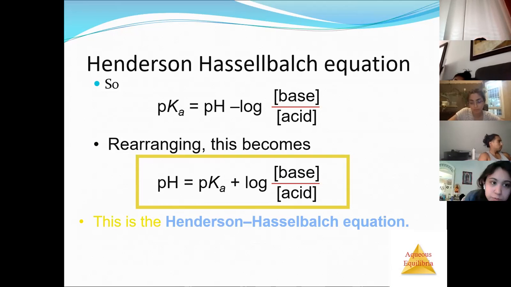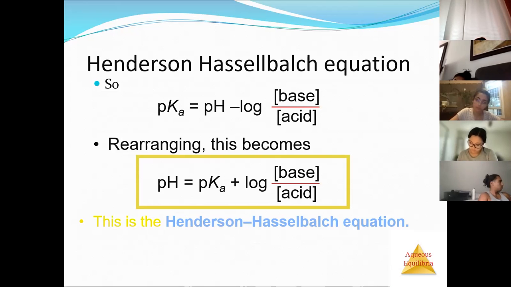Is that like equilibrium? Nope, we're not talking about that. I'm just saying my concentration of base equals my concentration of acid. If I divide the concentration of base by the concentration of the acid, what number do I get? If they're equal, 1. I get 1.